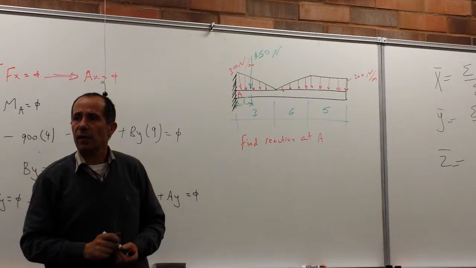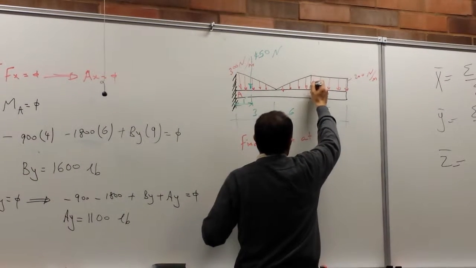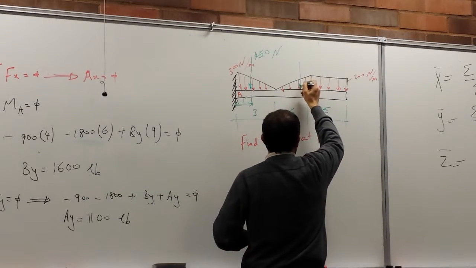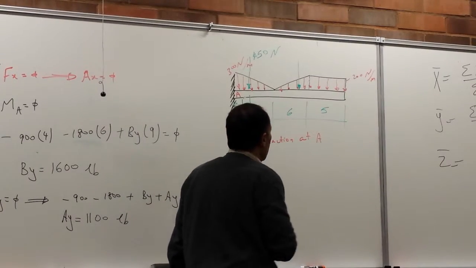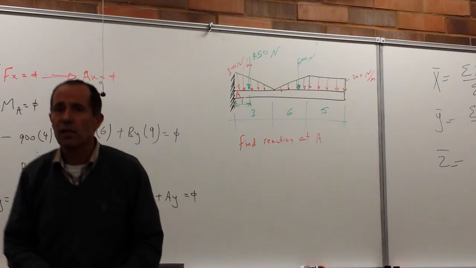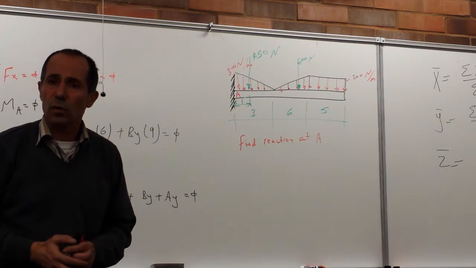Let's go to the next one. The next one is this triangle here. I will put a force right in here. This is going to be 600. Agree on 600? 6 times 200 divided by 2.